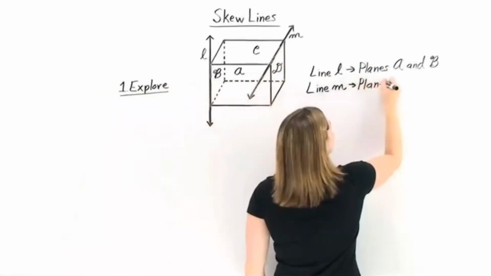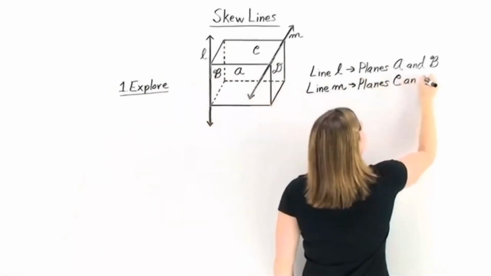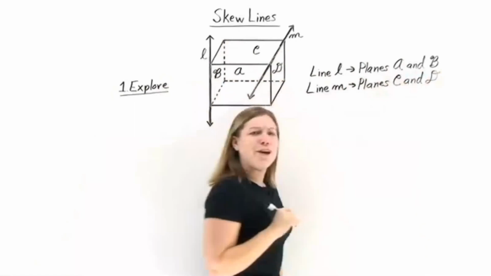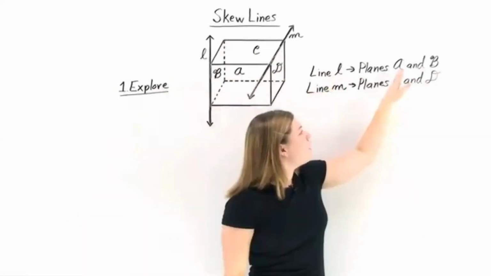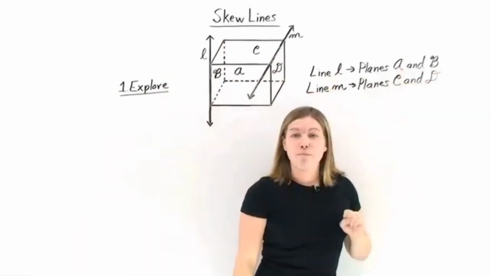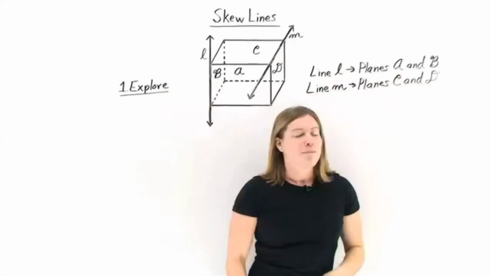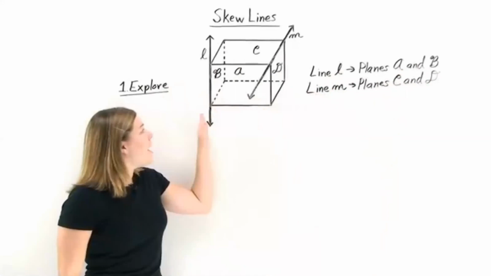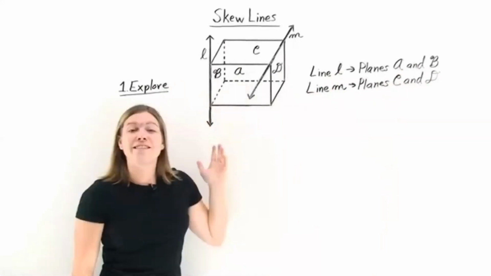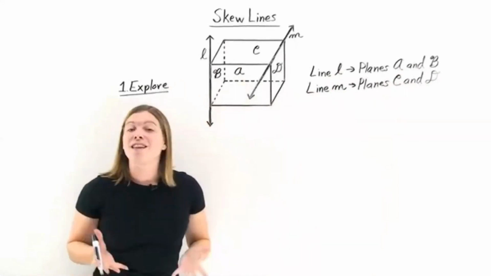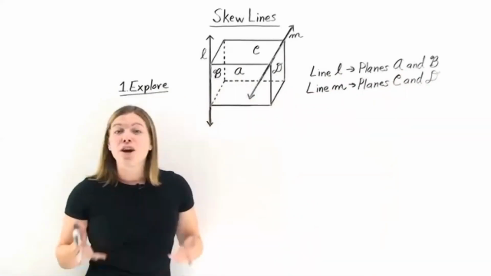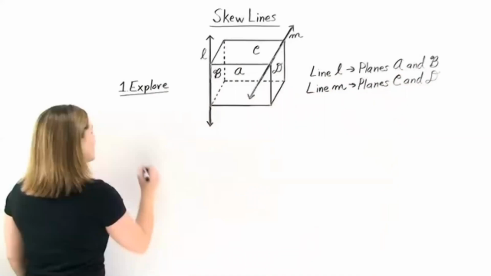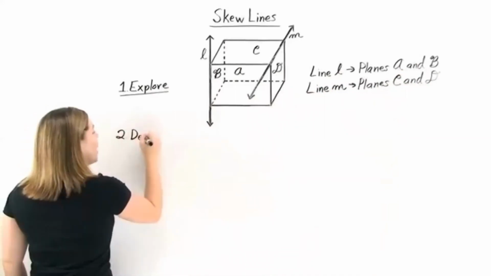It runs in plane C and D. Now look, our two lines do not share any of the same planes. Now, in addition to not being in the same planes, if we take lines L and M and extend them out in both directions forever, we will see that they will never intersect one another. So, they're in different planes and they never intersect. These two lines are skew lines.